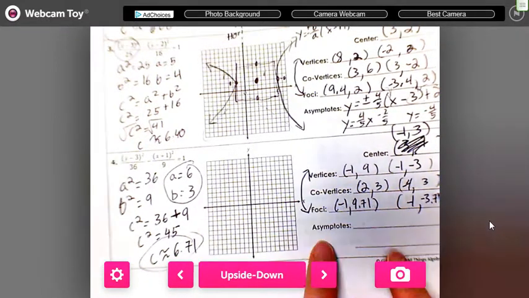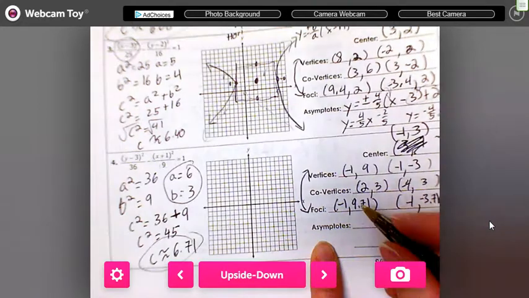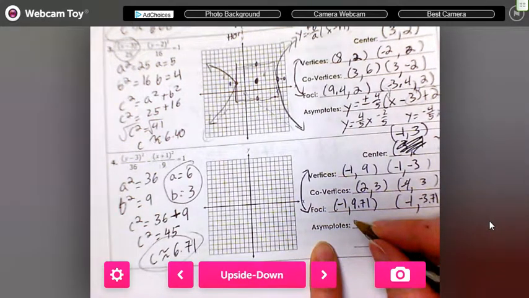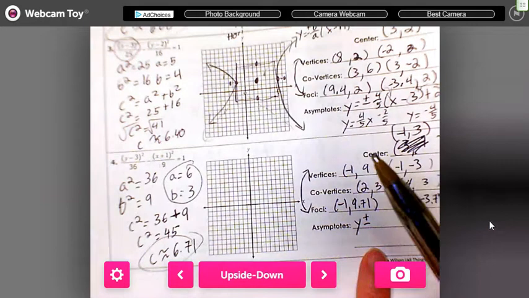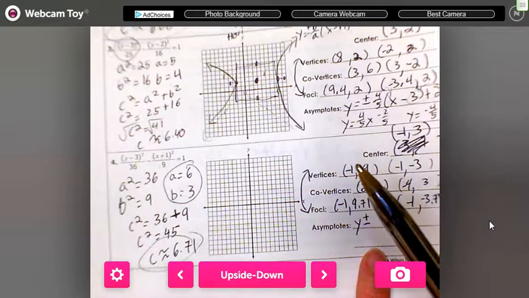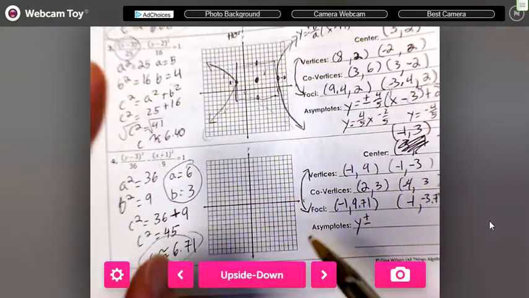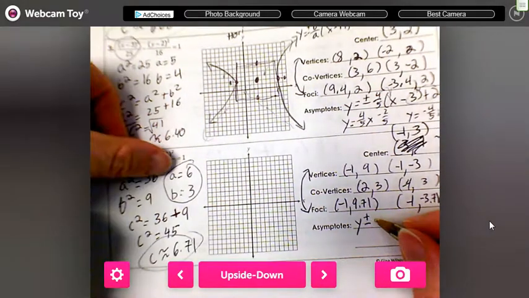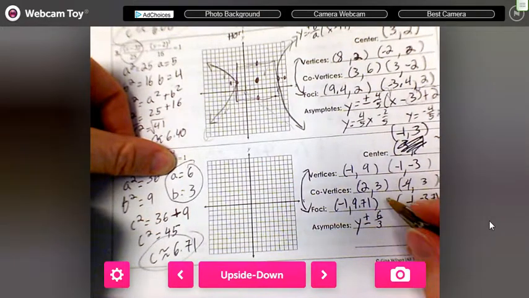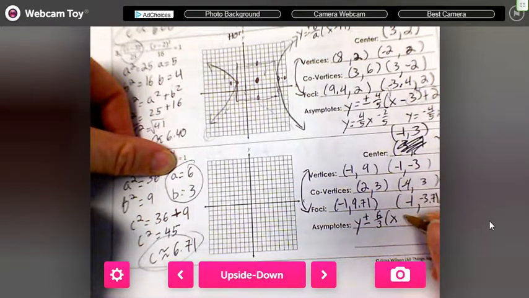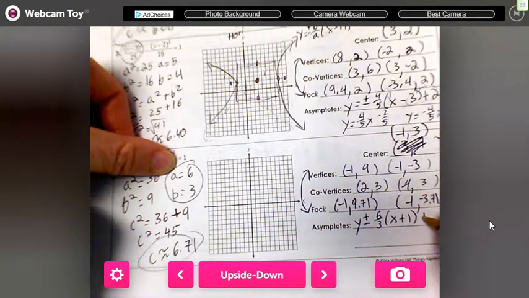Okay, now we're going to do the asymptote. We are going to say Y plus or minus, and because this is a vertical one, we are going to say A, which is 6, over B, which is 3, times X plus 1, plus 3.